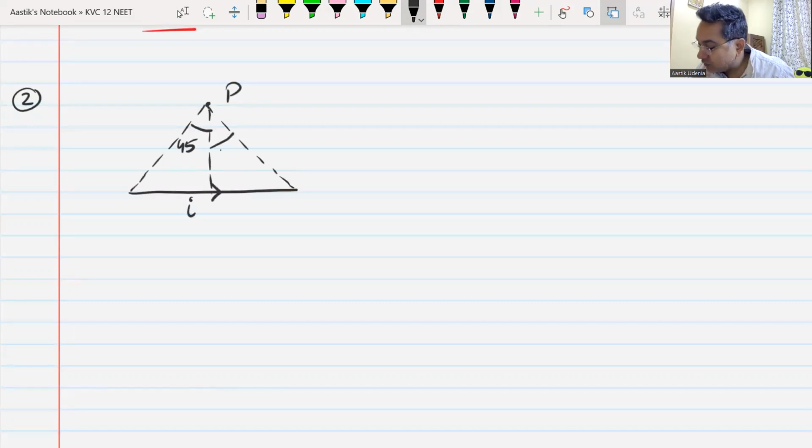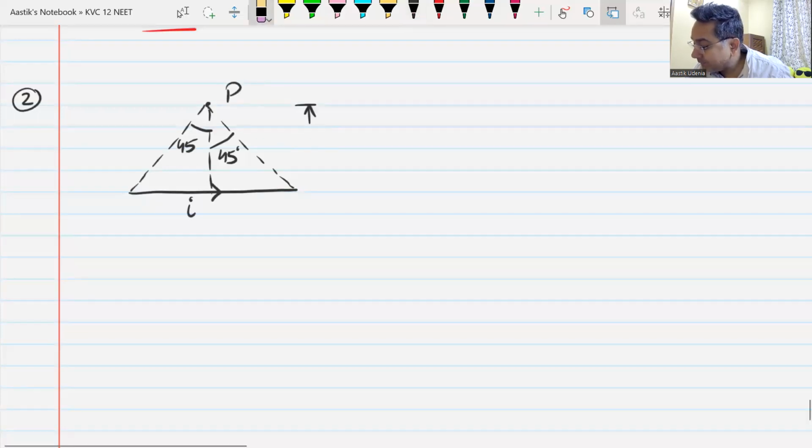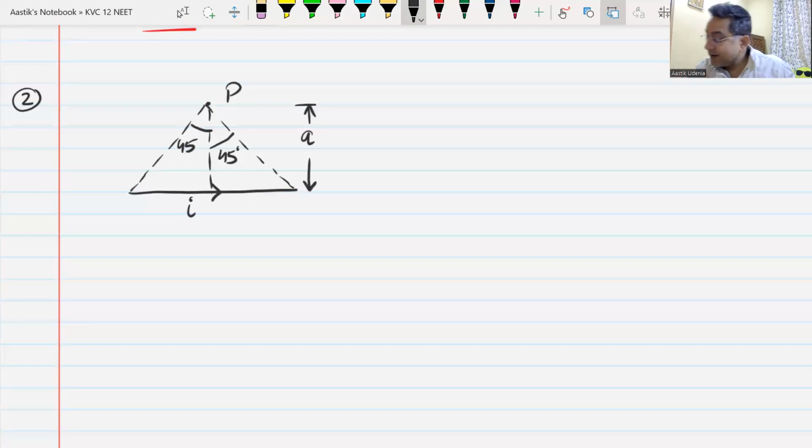This angle is also 45. This distance is given as A. Can you find out the magnetic field at point P? What is the magnitude and what is the direction? I'll give you 2 minutes.